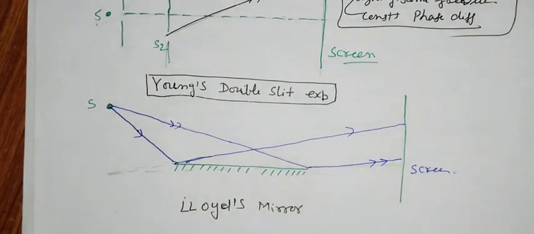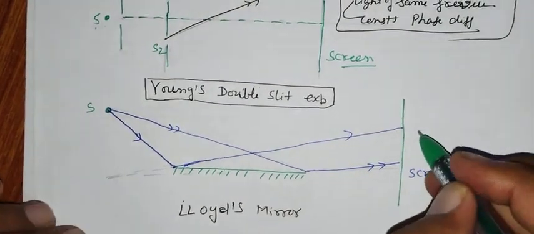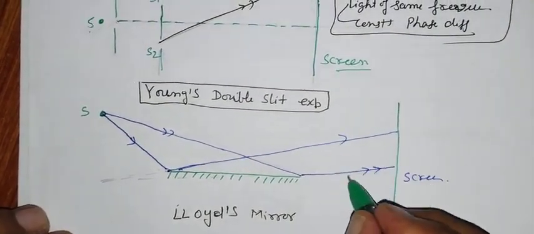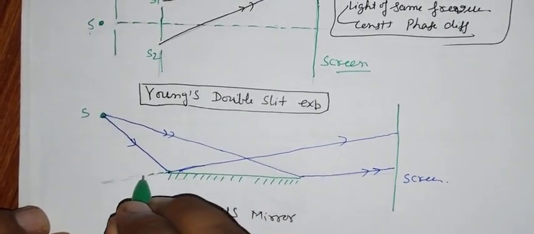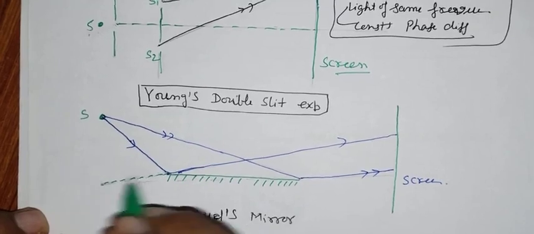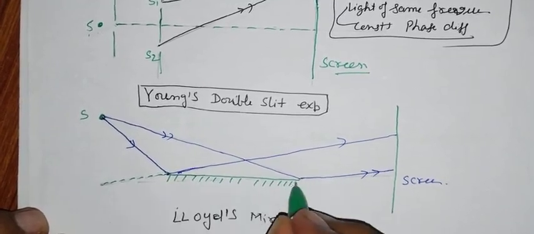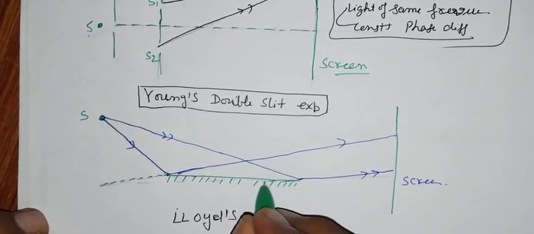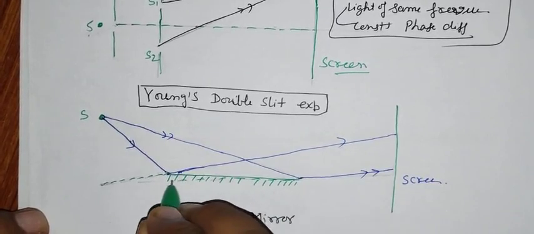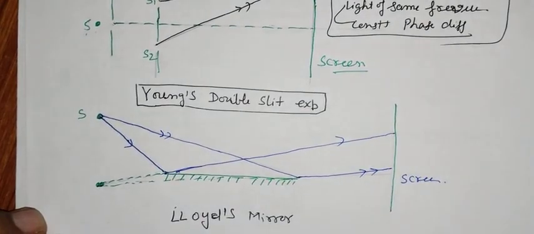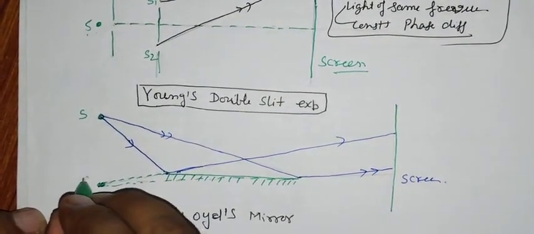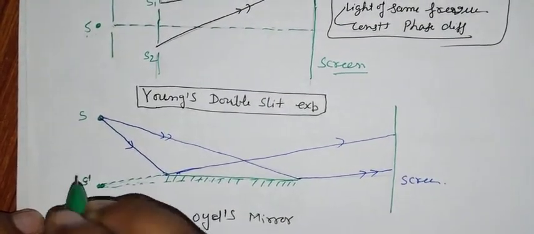Now see, when we extend both reflected rays backward, both rays seem to come from a common point here, S dash.